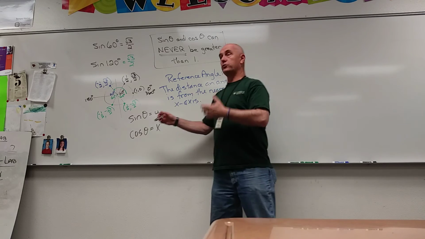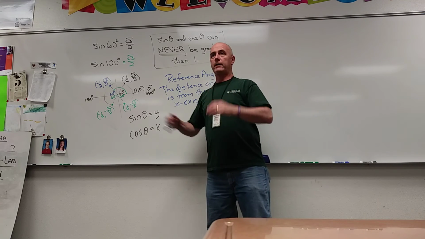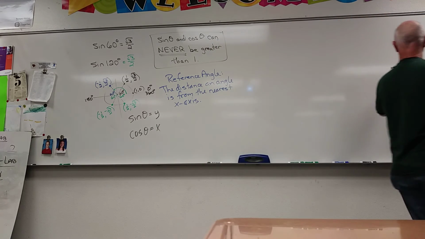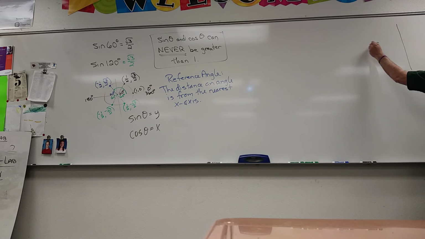And the same holds true for cosine, right? Okay, so let's talk about that a little bit more. What will dictate whether sine is positive or negative? What quadrant it's in. All Students Take.